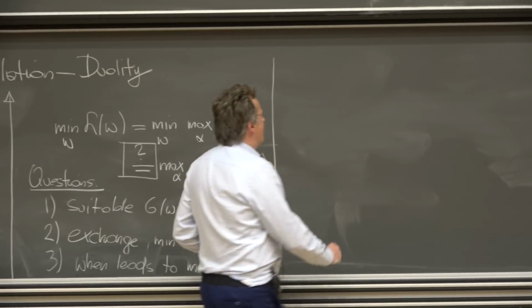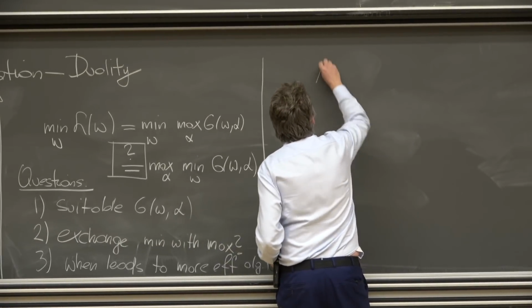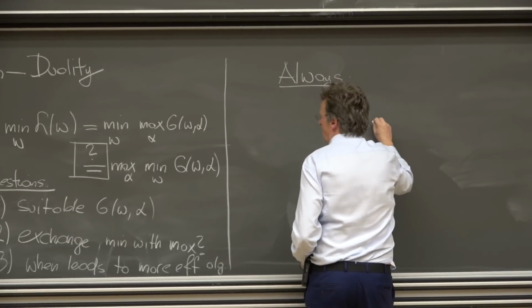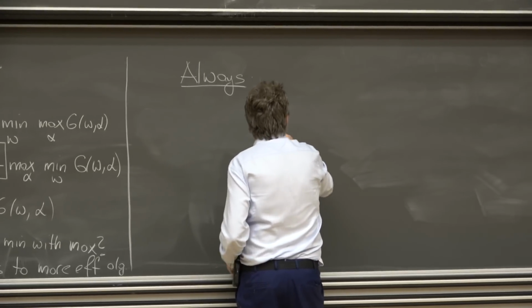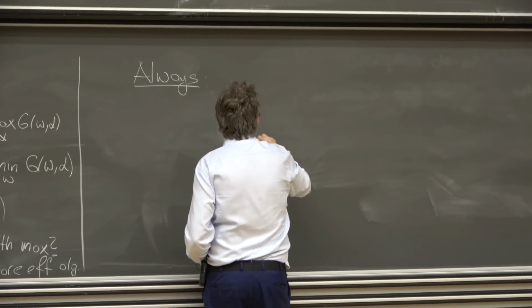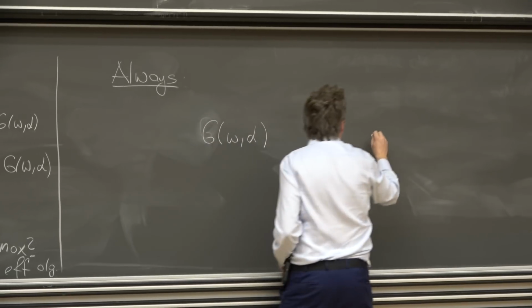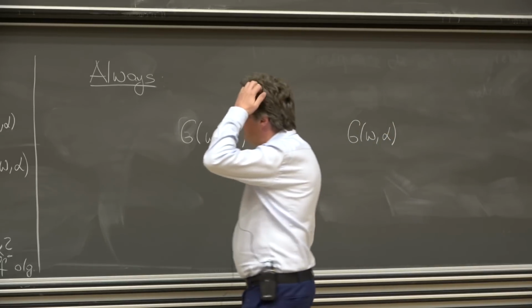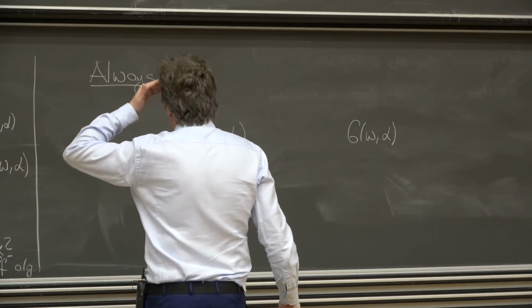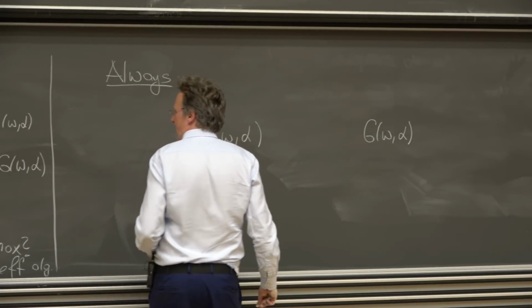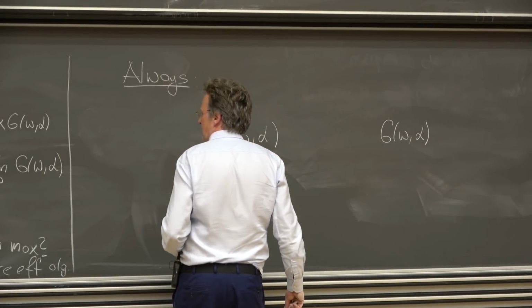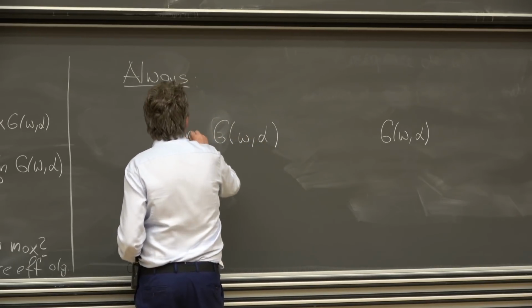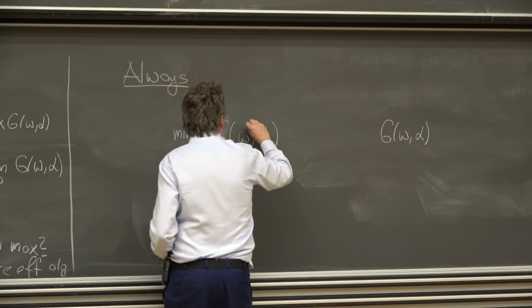So in general, if I give you a function g of, let's say, W and alpha, let's assume I first minimize over W. Let me call this W prime.